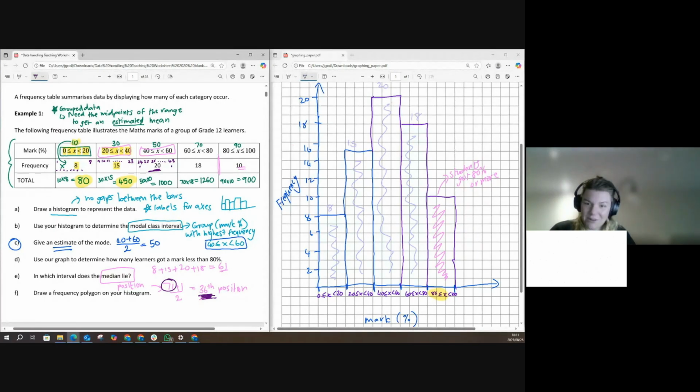It seems to trick people, and it's not supposed to be a tricky question. Draw a frequency polygon on your histogram. To do a frequency polygon, all we have to do is put midpoints on our bars and join them.